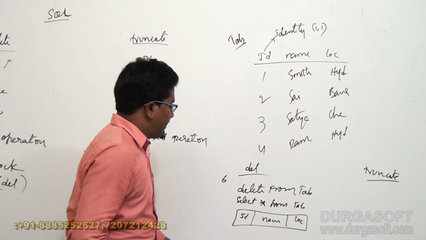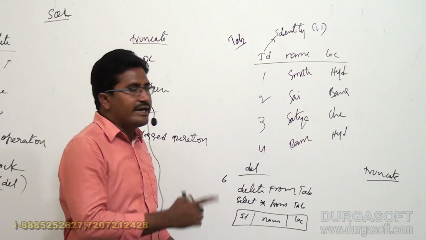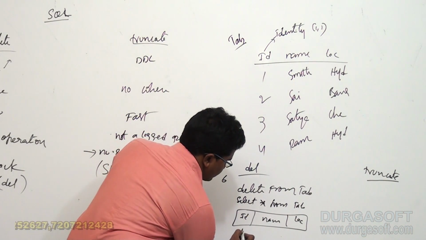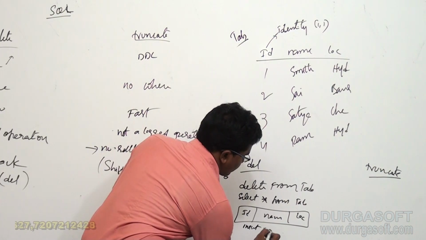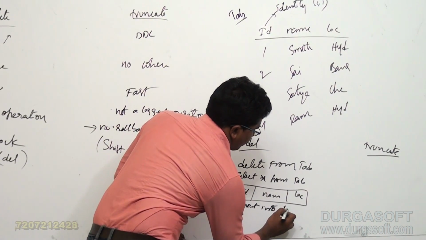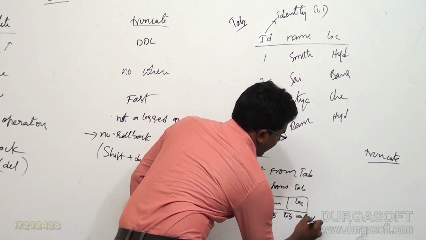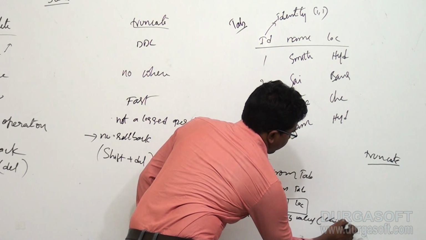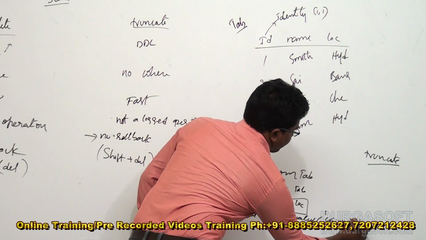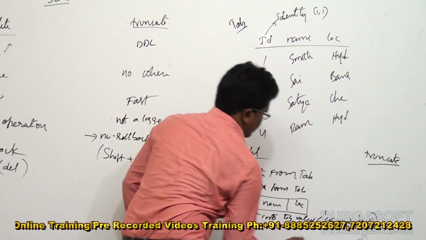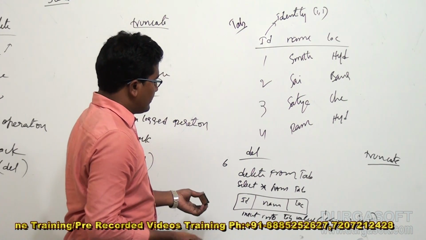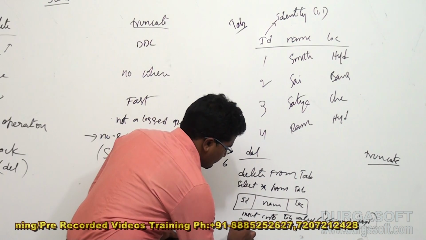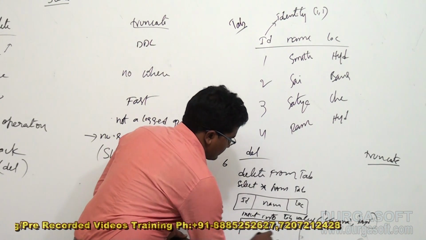Now I insert a new value: insert into tab values of Chinna and Hyderabad.